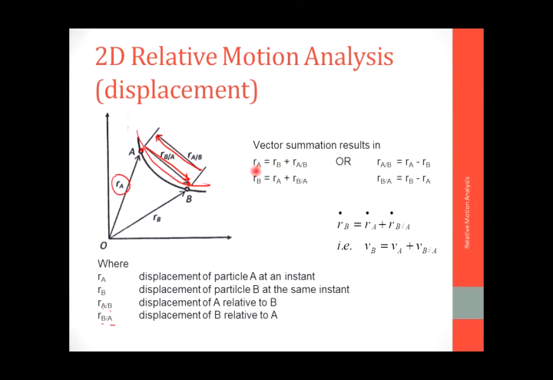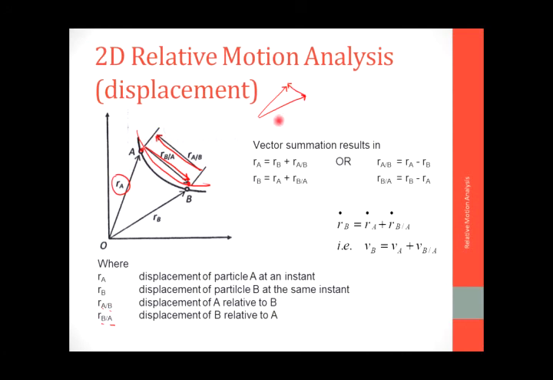So RA equals RB plus RAB. RA is like this, RB is like this, and RAB is like this.